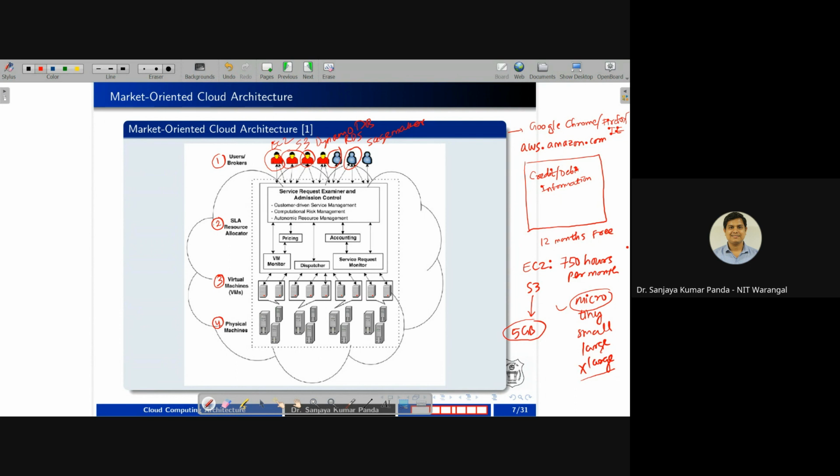If they are not aware of it, they have to take the help of a third party to use the cloud service. For example, suppose you want to travel to some tourist place, but you don't know how to make a particular plan.